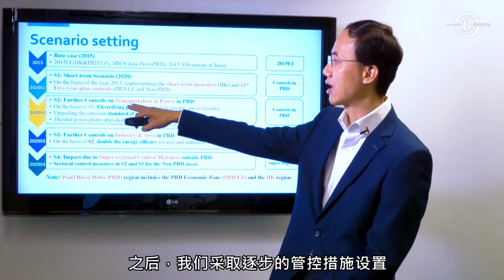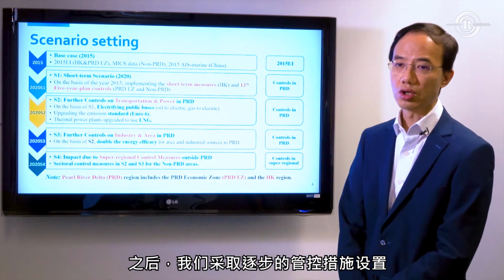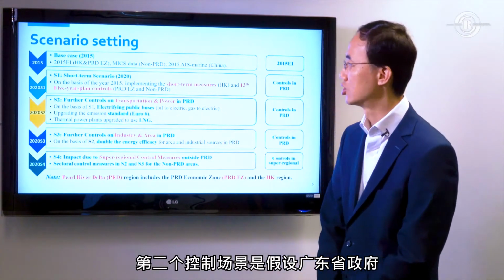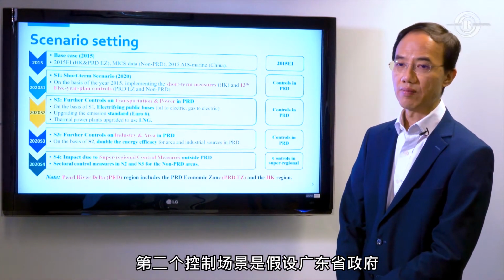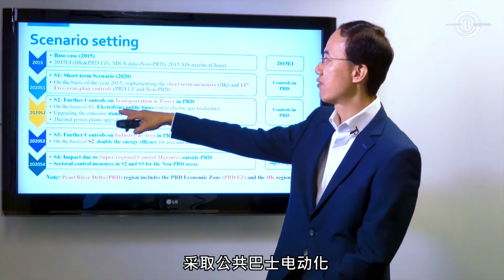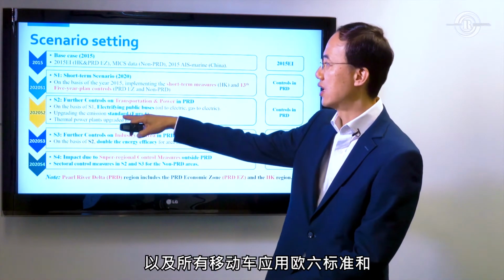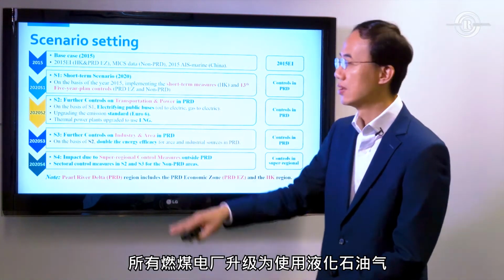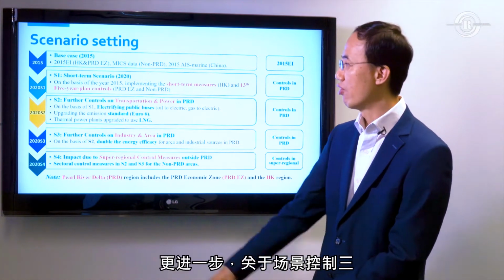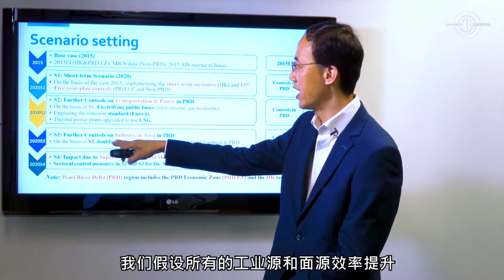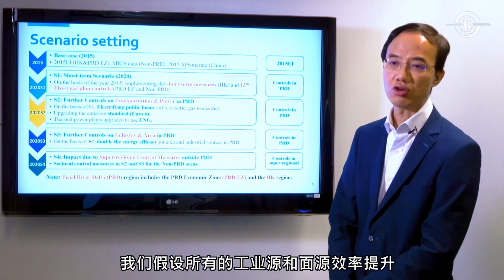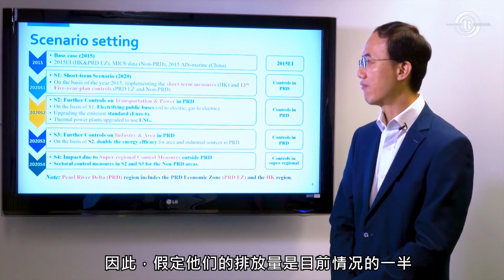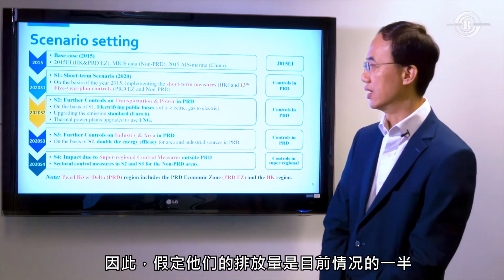Afterwards, we take progressive, more aggressive control measures. The second one assumes that the Guangdong government electrifies all the public buses, all the cars become Euro 6 standard, and all the coal power plants use LPG. Further on, in scenario 3, we assume all the industry and area sources become more efficient, so their emissions become half of the current situation.